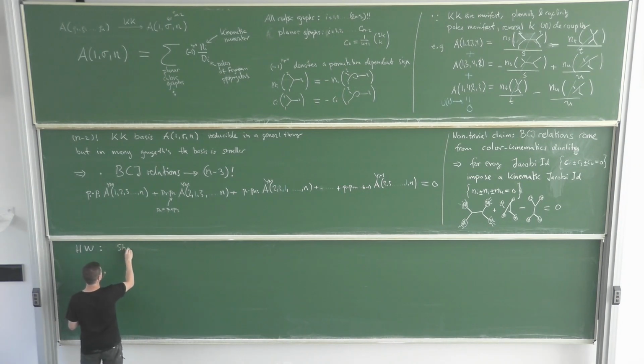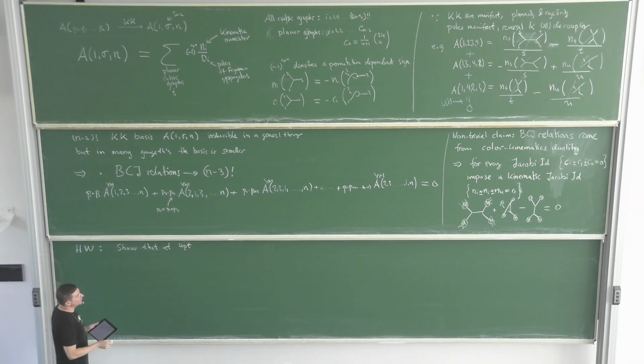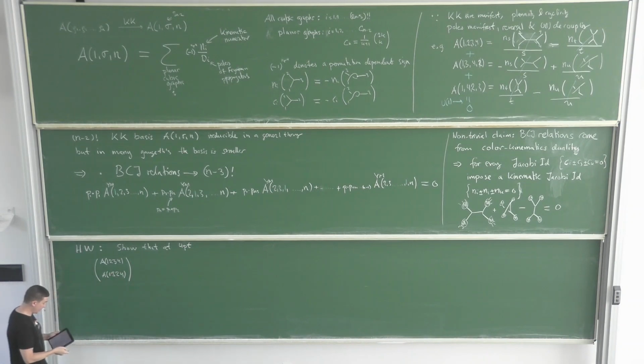Show that at 4-point, you can write your relations between amplitudes and numerators in the following equation. Let's take 2 of the orderings. We know that there's a 2-dimensional Kleiss-Kuijf basis, so let's pick 2 of them. We're going to pick the ordering 1, 3, 2, 4. That's my standard Kleiss-Kuijf basis, keeping leg 4 fixed and just permuting the 2 legs in the middle.